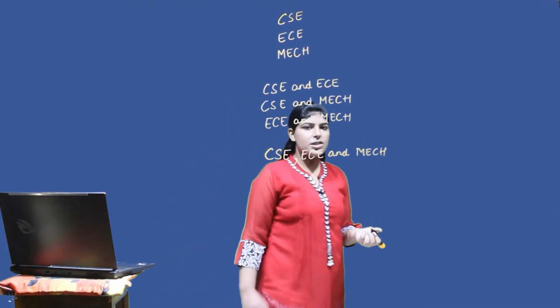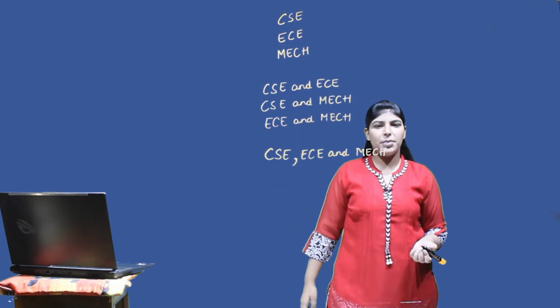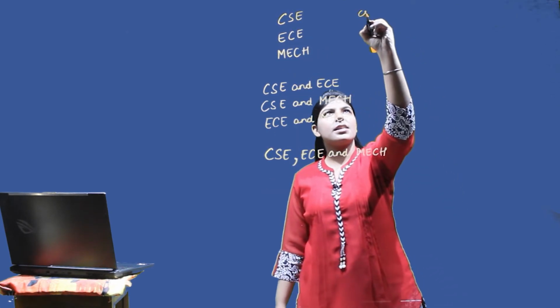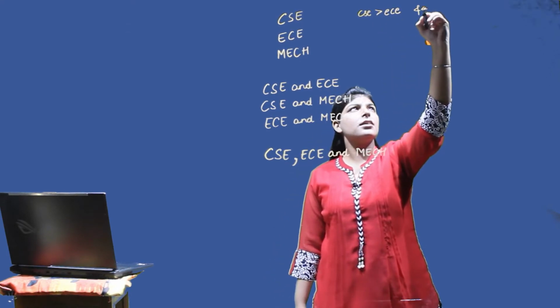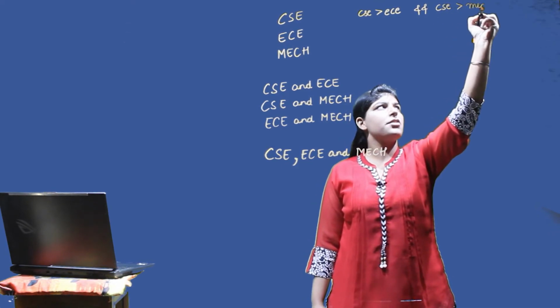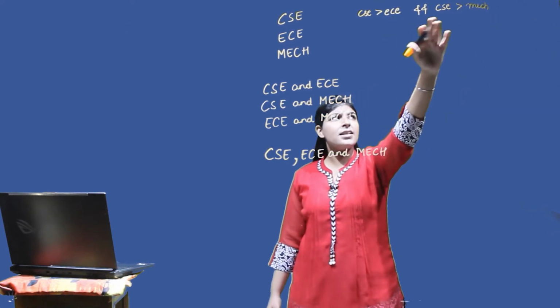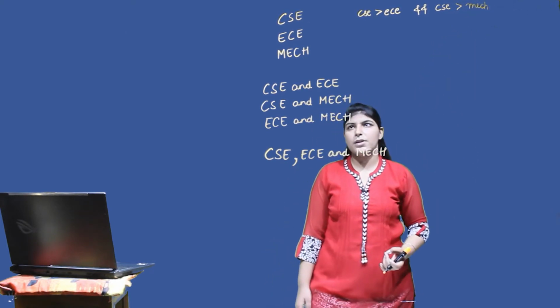Now let's see the conditions in each of these. So what will be the condition when CSC has maximum placements? The placements in CSC should be more than EC and CSC should be more than Mechanical. So if CSC is more than EC and CSC is more than Mechanical, that means CSC has the highest number of placements.